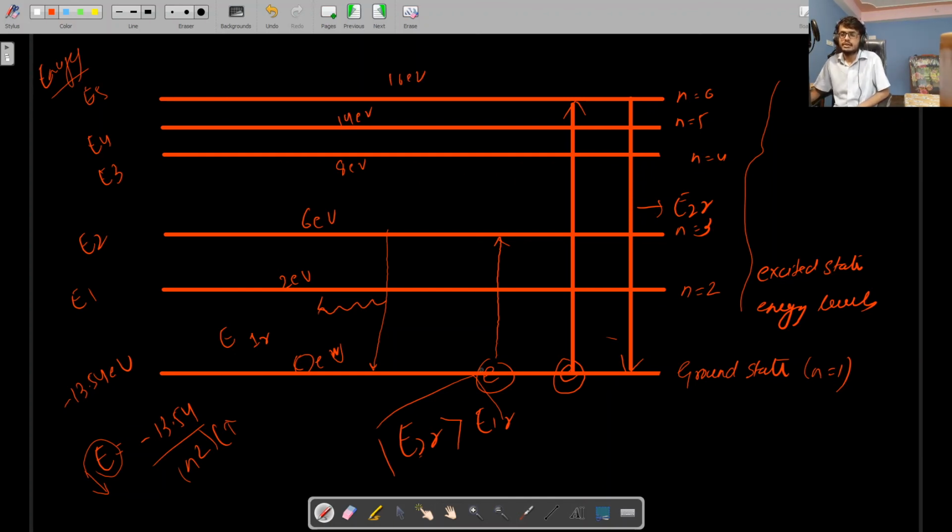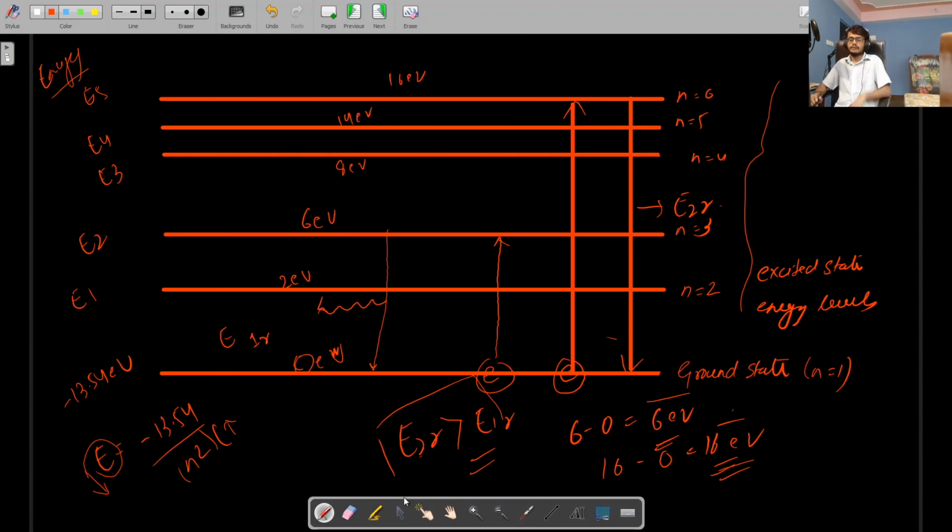Now this electron goes to 6 electron volt and comes back to 0. So the total energy released is 6 minus 0 equal to 6 electron volt. Now the same electron from the same energy level goes to 16 electron volt and comes back. So the energy released is 16 minus 0 equal to 16 electron volt. So this is E2R, then this is the first, E1R. So in any case, E2R will always be greater than E1R.